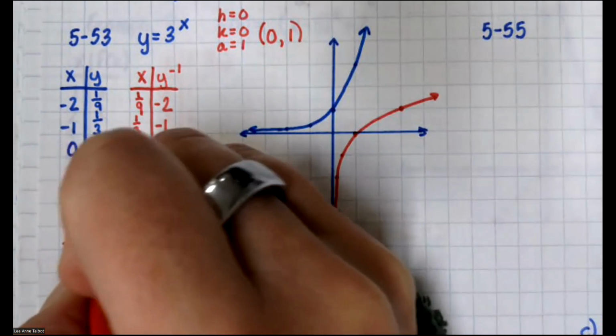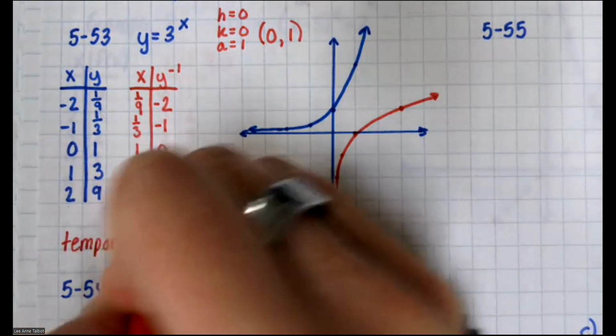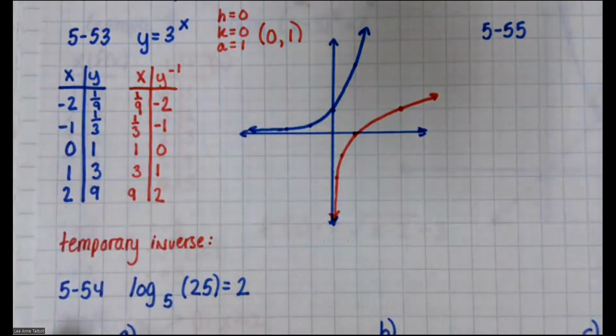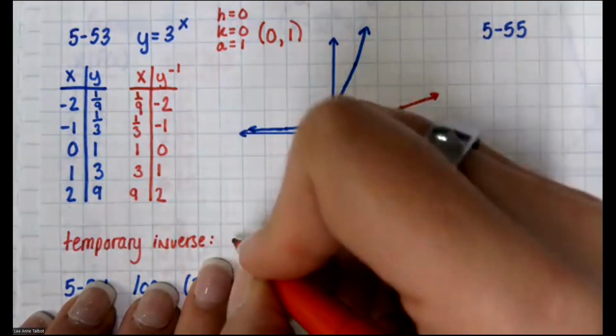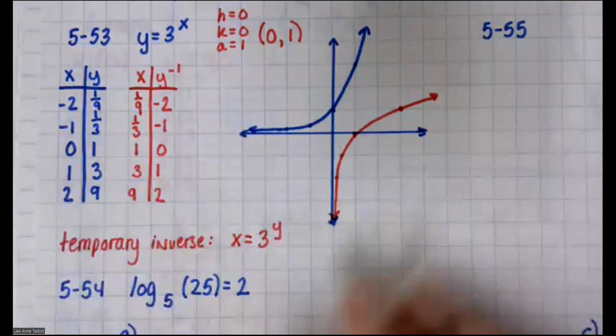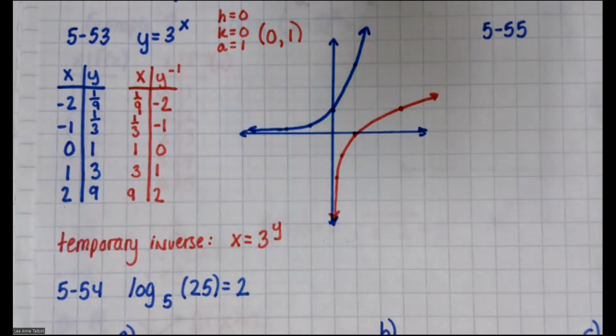Okay, but what the heck is it called is the question. And for us, for right now, we're going to use what's called a temporary inverse. And we're just going to switch the x and y. So our temporary inverse is x equals 3 to the y. That is the equation of that graph. The problem is you can't put x equals into your graphing calculator.